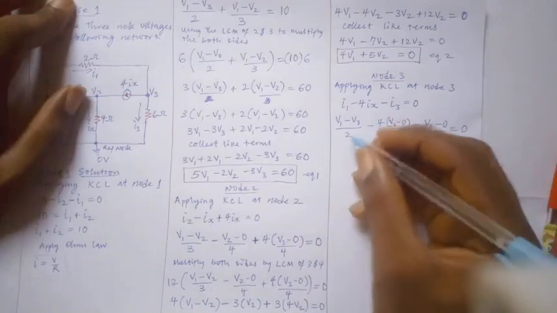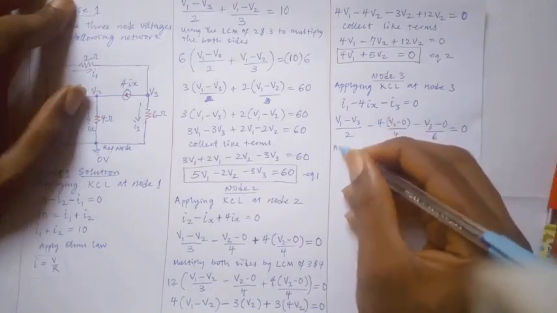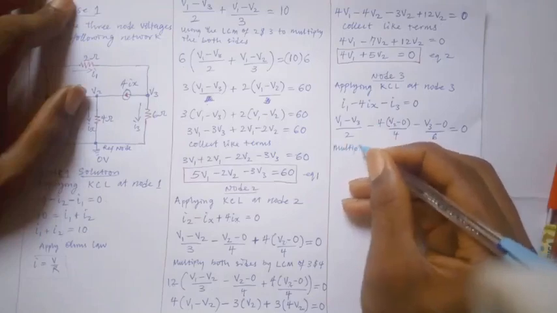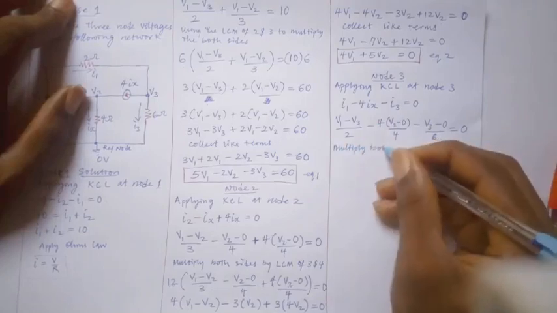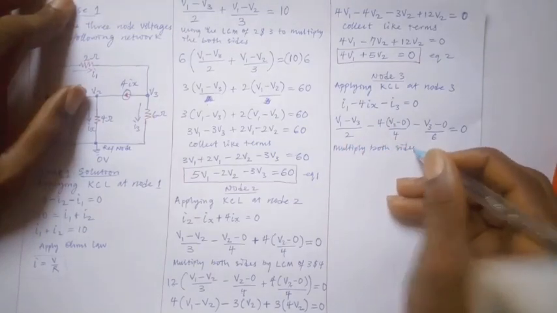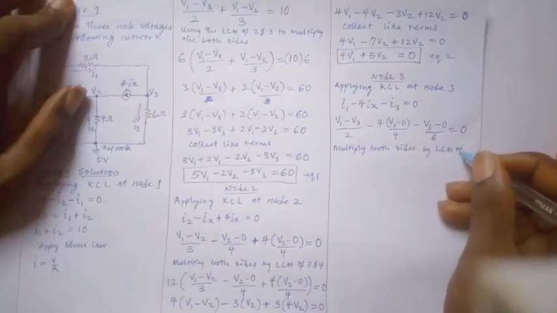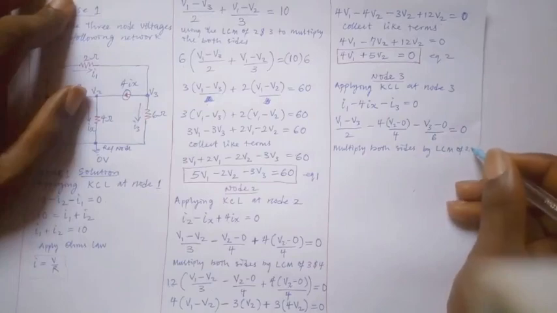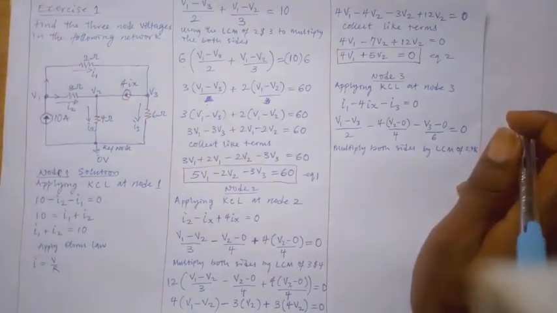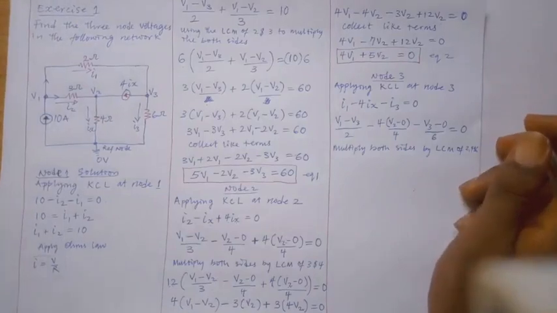You now say multiply both sides by the LCM of 2, 4, and 6. Thank you. 2, 4, and 6. And the LCM is what? 12. Thank you.